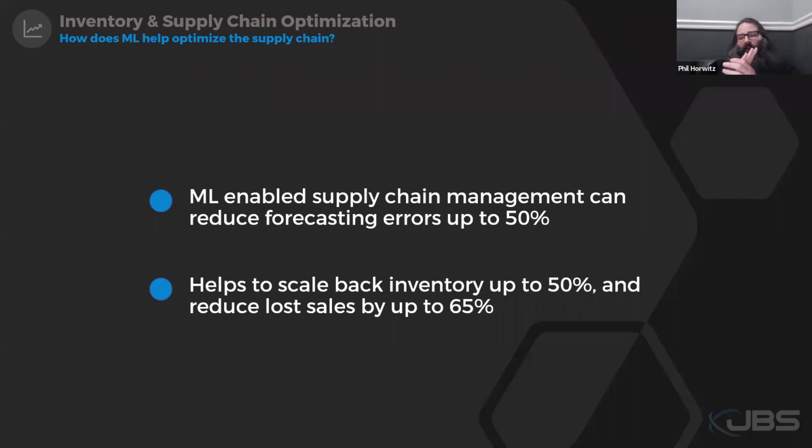And as Joe mentioned, excess inventory and mismanagement of inventory is a great way to tie up cash. So those stats kind of speak for themselves, and incorporating ML solutions into your inventory optimization strategy can be a really great way to manage that a lot better and save a whole lot of money.